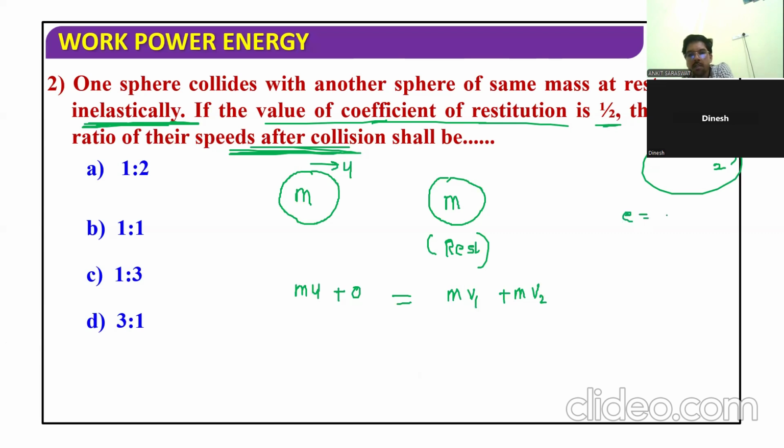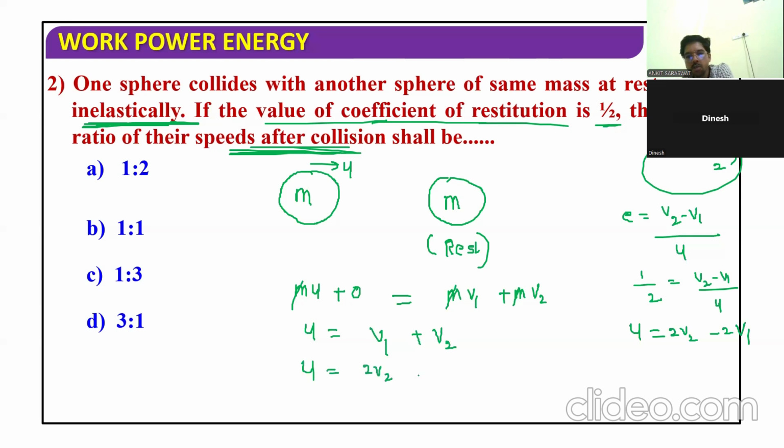So E will be V2 minus V1 by U, so U will be 2V2 minus 2V1. Mass cancels. From here U will be V1 plus V2.